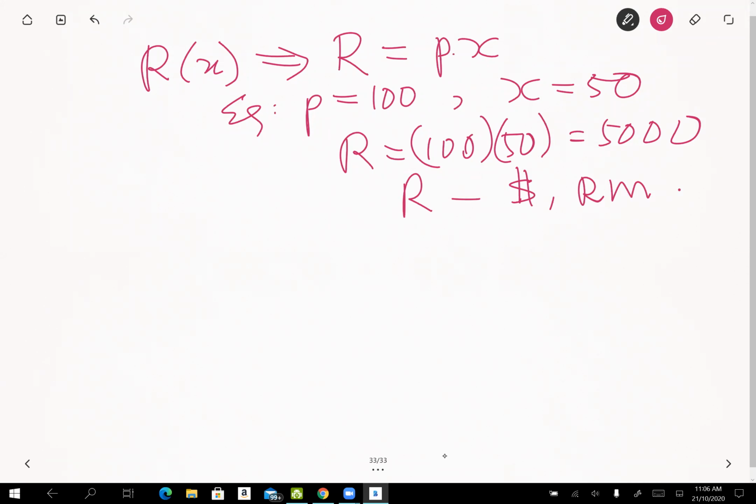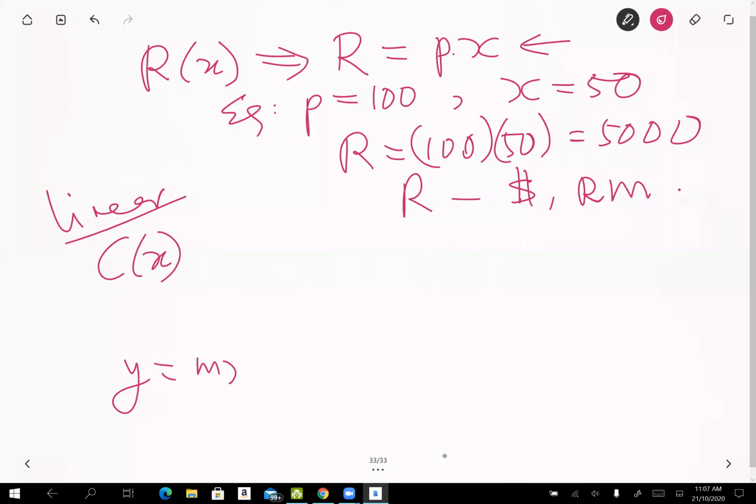Now, what about cost? Okay, cost is not that simple, because revenue, you get this. Here we are talking about a linear cost function. So again, we know a linear function is mx plus b.